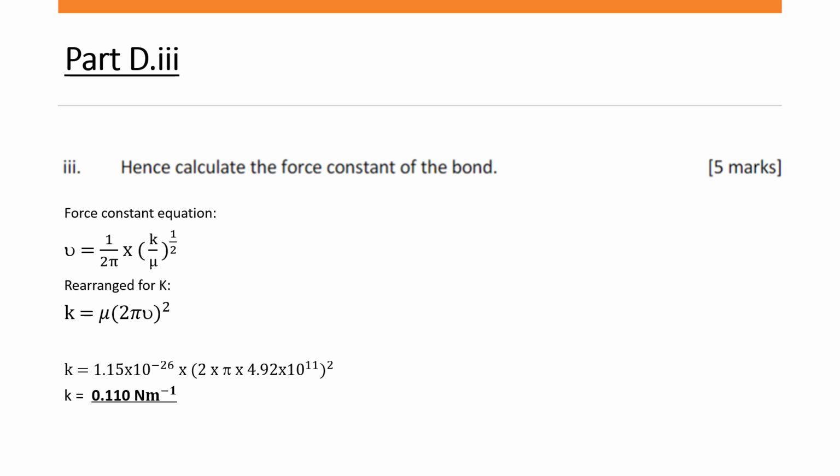Using the value that I worked out for mu in kilograms, 1.15 times 10 to the minus 26, and the value I got for frequency in hertz, 4.92 times 10 to the 11, I worked out the force constant of the bond to be 0.110 newtons per meter.